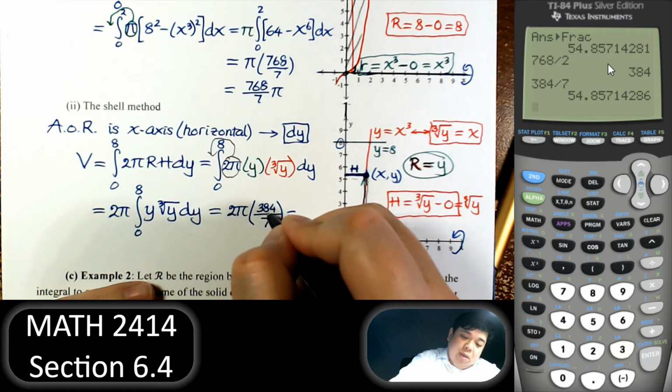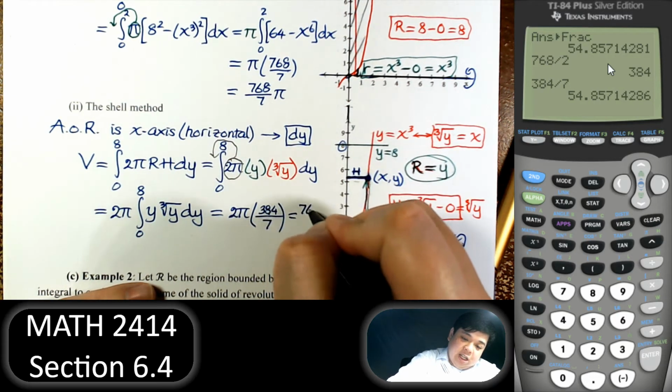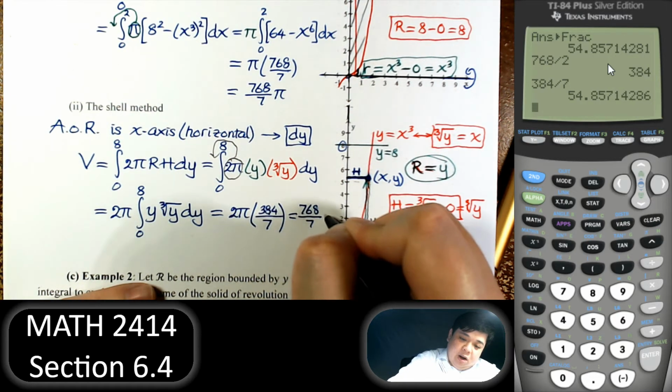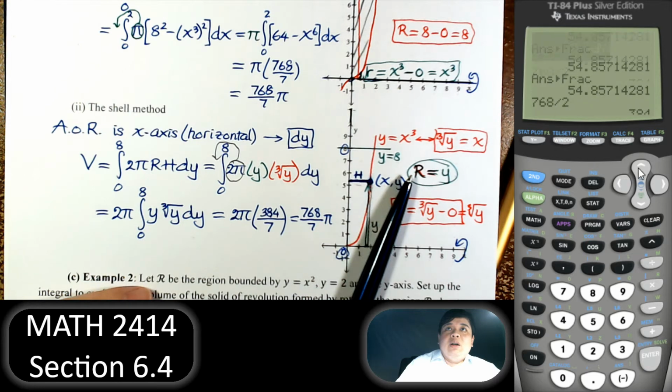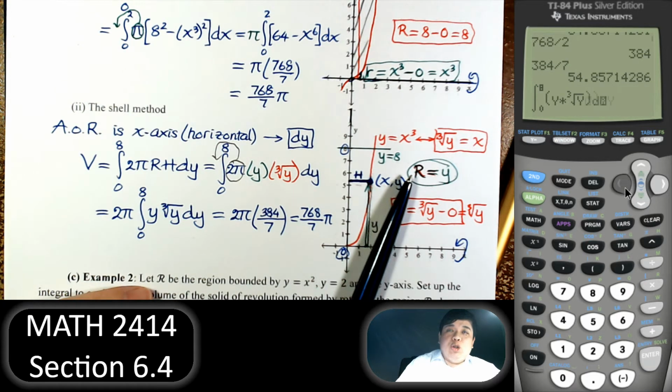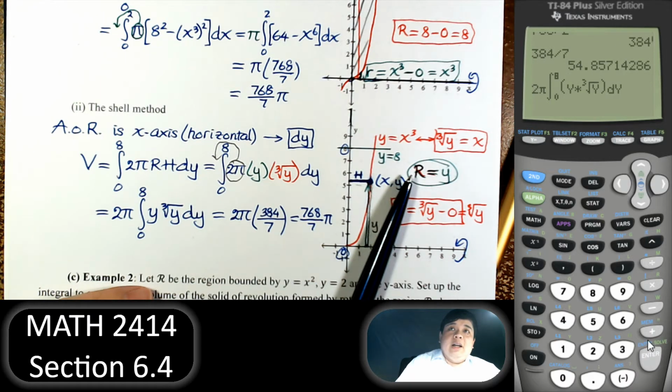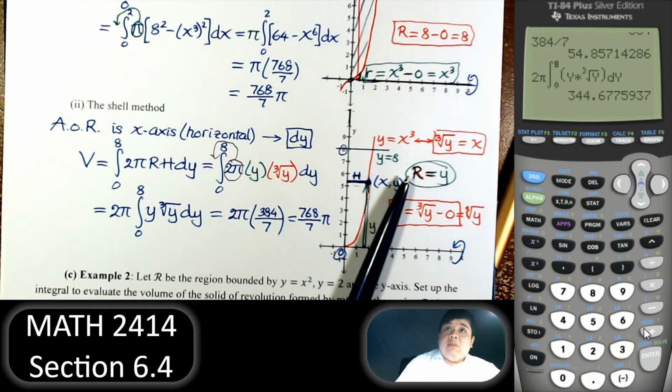But when you multiply by 2, it gives us 768 over 7 pi. In fact, if we just do this, and we're going to put 2 pi to it, that is our answer.